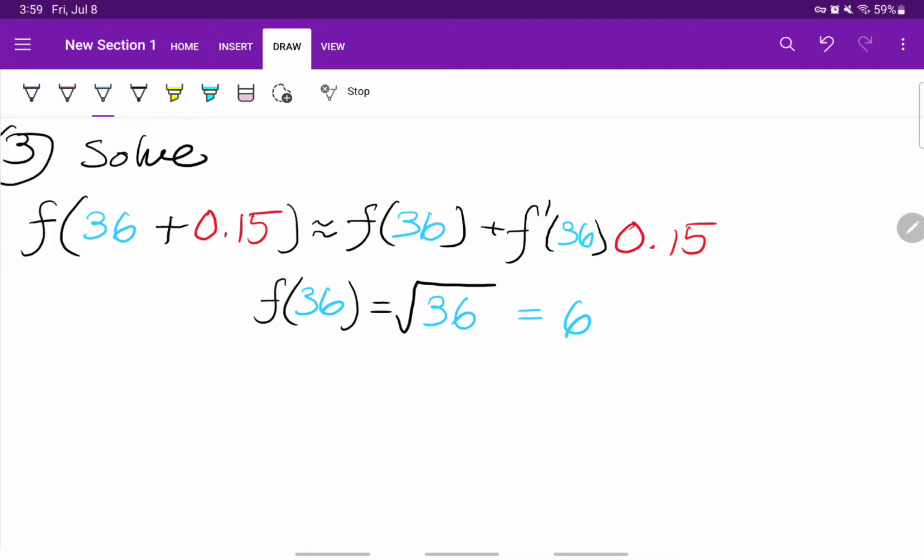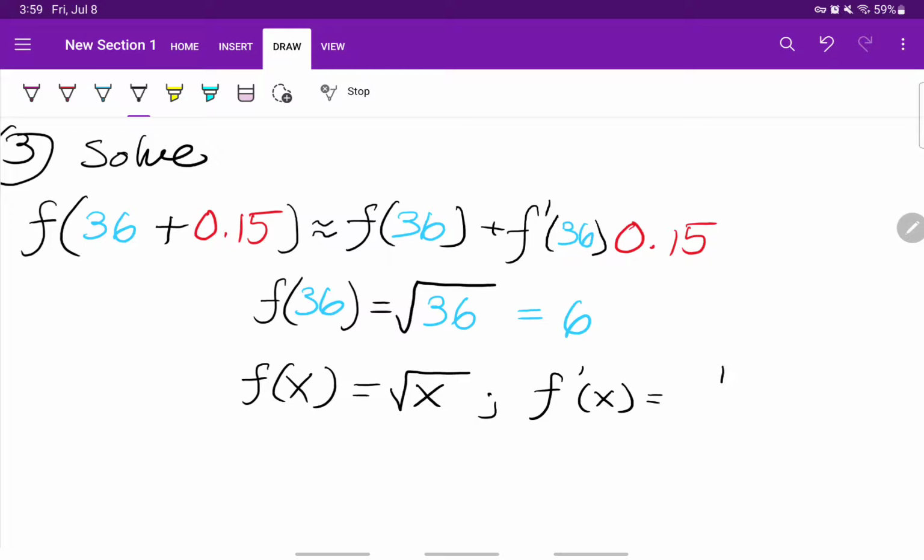Now we need to find f prime of 36. In order to find f prime of 36, I must take the derivative of my function. Now remember, f of x equals the square root of x. So f prime of x is going to equal the derivative of the square root of x. The derivative of the square root of x is 1 over 2 square root of x.